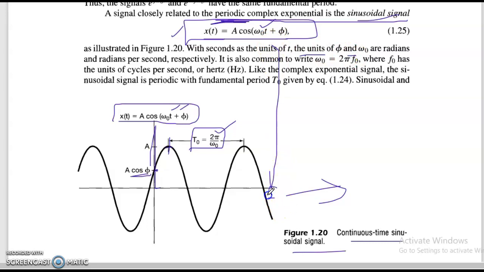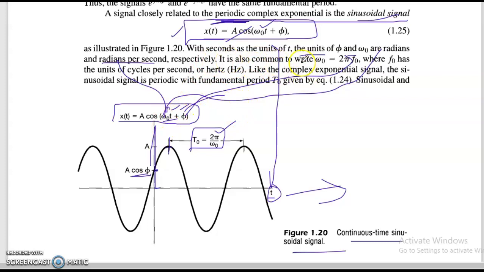For this time t in seconds, phi and omega naught t are both radians only. That is, phi in radians and omega naught in radians per second, which is multiplied by the time t.